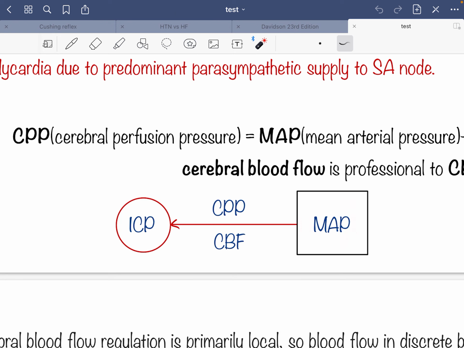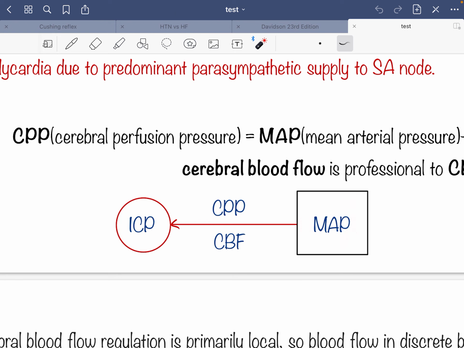Remember, the cerebral perfusion pressure is proportionally related to the cerebral blood flow. That means the more the cerebral perfusion pressure, the more the cerebral blood flow. So when will the cerebral perfusion pressure be more? When the difference between mean arterial pressure and intracranial pressure is more.